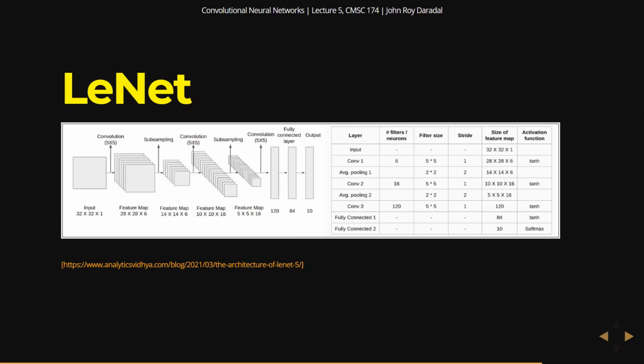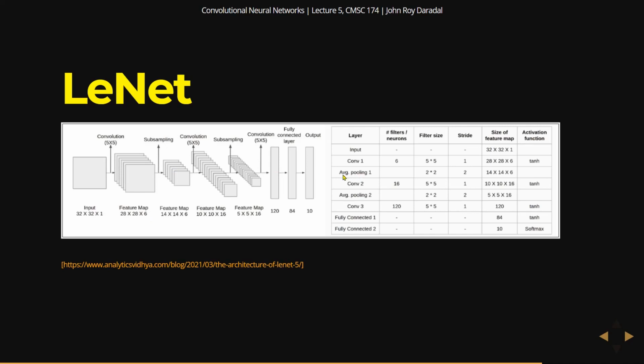So the LeNet architecture looks like this. The input is a 32 by 32 image of only one channel, so it's black and white. Then there's a 5 by 5 convolution, so it produces a 28 by 28 feature map. There are only 6 filters, so you have the 6 feature maps here, and then you pool.